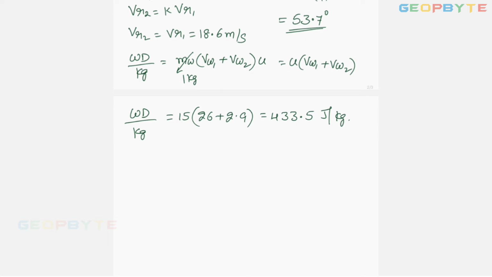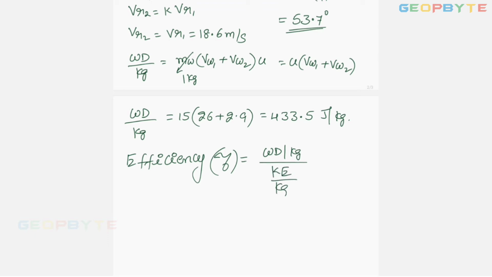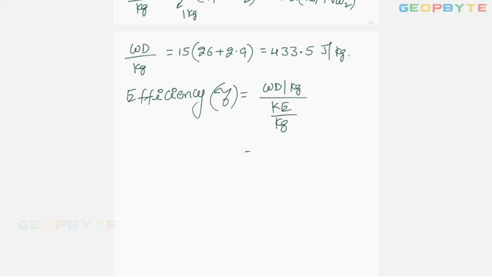Okay, now the efficiency. Efficiency eta equal to work done per kg divided by kinetic energy per kg. Work done per kg U into VW1 plus VW2 divided by V1 square by 2 per kg of the material.